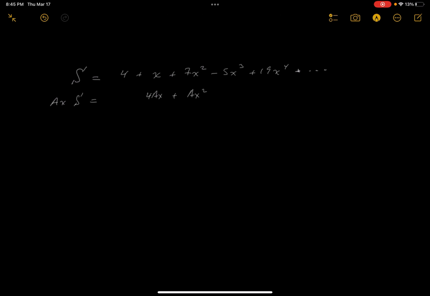And then it's going to be, minus, not minus, but plus 7AX cubed. And then it's going to be minus 5AX to the fourth. Maybe we'll put the next term down, but it's really not necessary because they say it's second order. So I'm just going to say, yada, yada, yada. All right? Let's go to the next one.